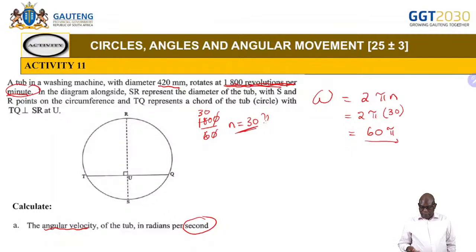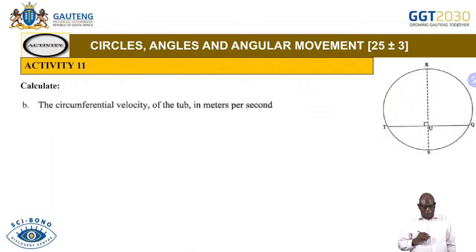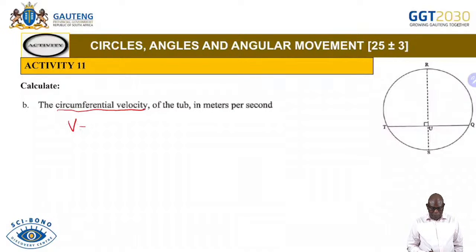Okay, right. The next one, same question, but now they want us to get the circumferential velocity. With the circumferential velocity, I know the formula is velocity v equals pi d n. Now here they wanted meters per second.